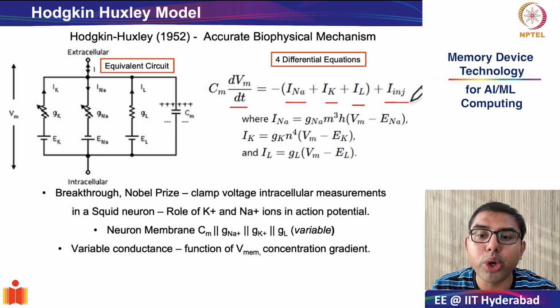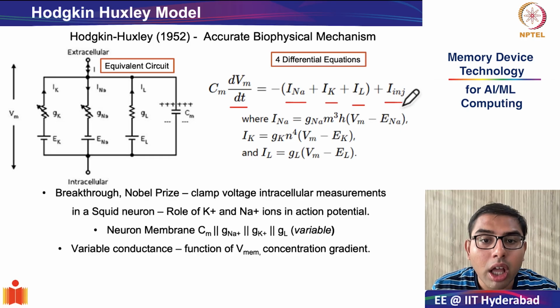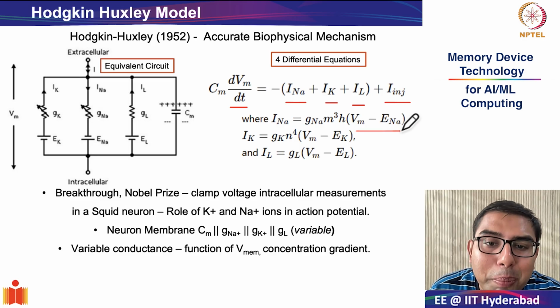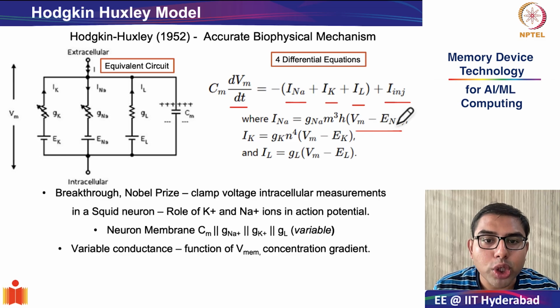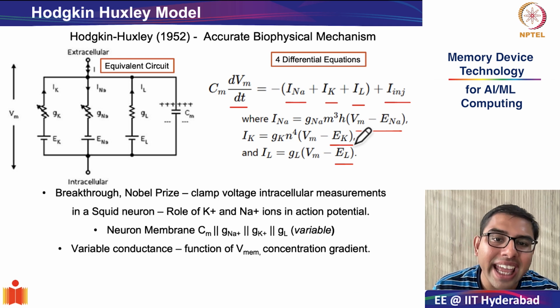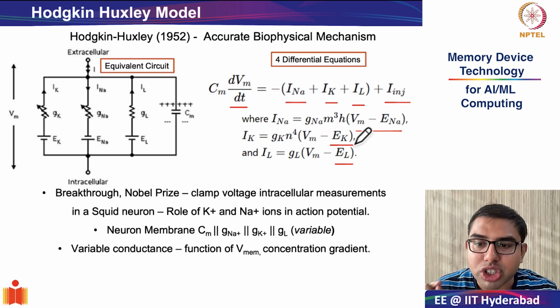Now, it is important to note that these separate ionic currents are driven by the difference between the membrane potential and their respective equilibrium potentials. So, as you can see, the equilibrium potentials for sodium, potassium, and other leak channels are indicated by ENa, EK, and EL respectively.